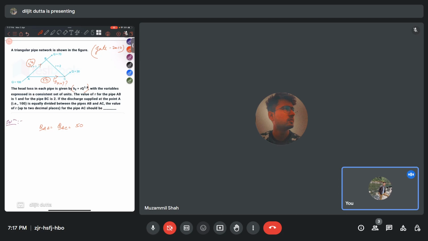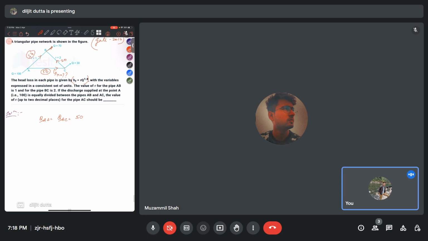Now at C, a discharge of 30 is going out. So what will be the discharge here? It will be 50 minus 20 going in. So now 50 is coming, 20 is coming, so total is 70. So this is balanced. We found the balanced set of discharges.